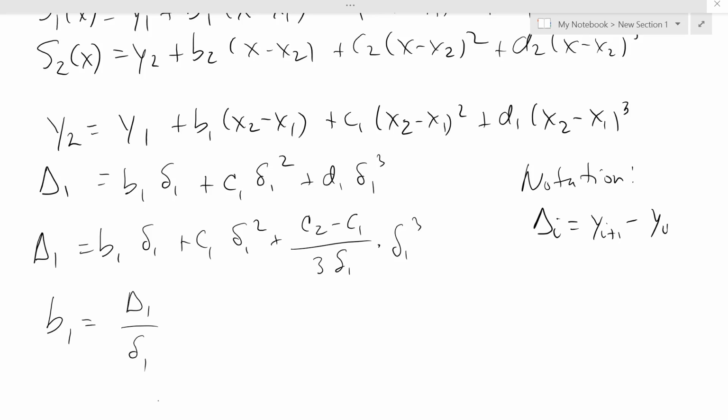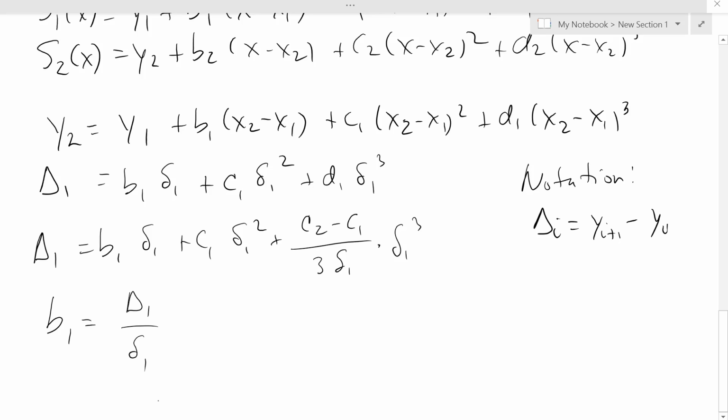Notice that I can cancel little delta 1 with little delta 1 cubed, leaving a little delta 1 squared. I've got a little delta 1 that I would divide through to solve for B, so it's going to leave a single delta. Do you agree with that?